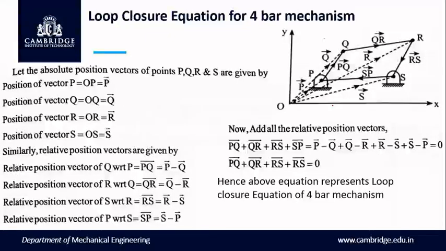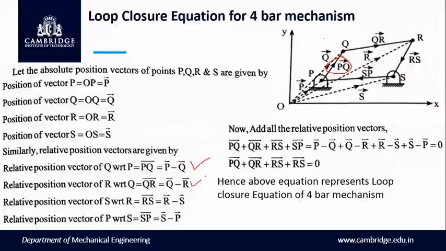Similarly, if we move on to the relative position vectors, the relative position vector of Q with respect to P will be represented by vector PQ, that can be written as vector P minus vector Q. That is absolute position vector P minus absolute position vector Q. The relative position vector is shown in figure, highlighted by a red circle.